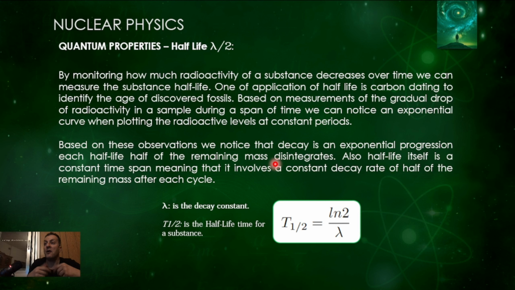I hope it is clear. Lambda is the decay constant, and T1/2 is the half-life time for a substance. So T1/2 is equal to ln2 divided by lambda, the decay constant.